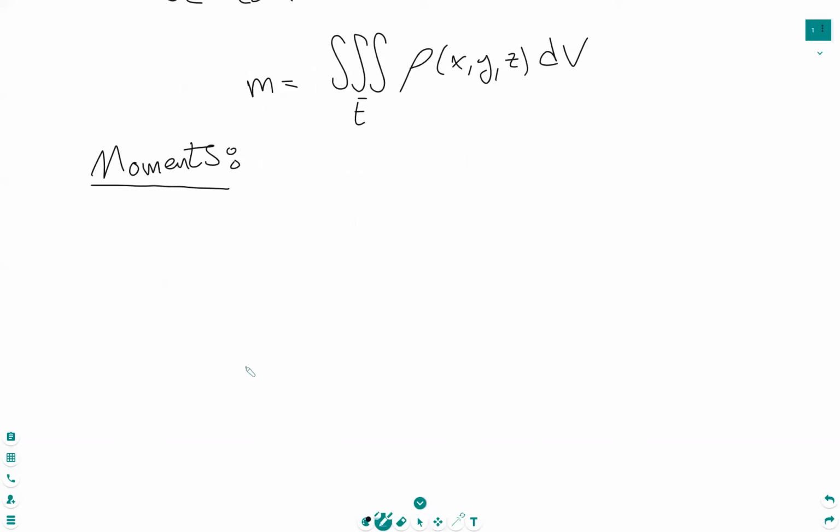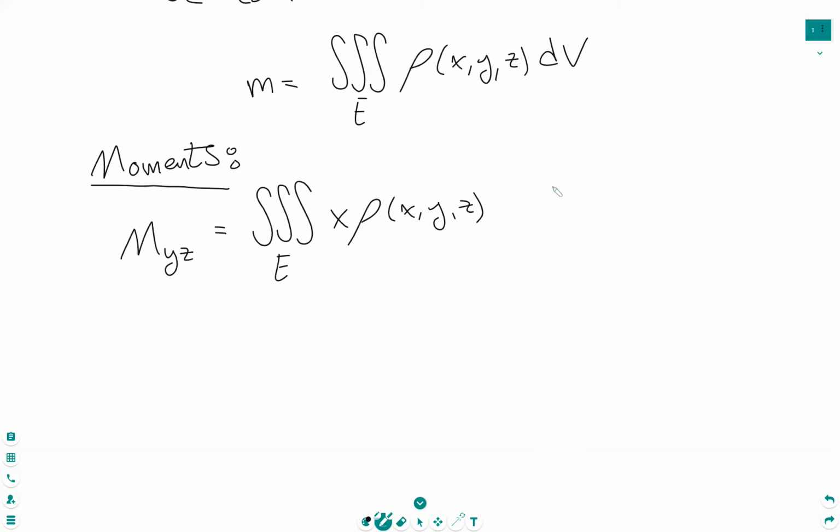We have a moment across the YZ plane: the triple integral over the region E. Remember, it's always the distance to that axis, or in this case, a plane, and the distance from the YZ plane is equal to x, times our density dV.